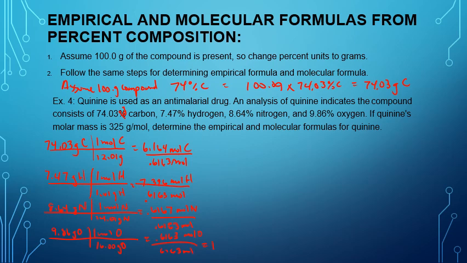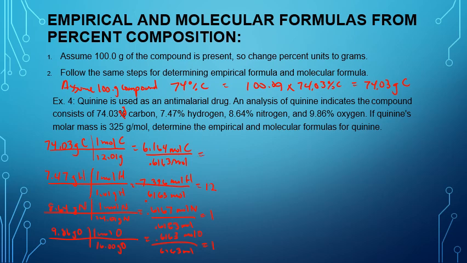So for this one, obviously it's a 1. This one is close enough since we're talking about a difference of 4/10,000ths. So that is going to be a 1 for the nitrogen. For my hydrogen, 7.396 divided by 0.6163 is going to equal 12.0006. So we have 12.